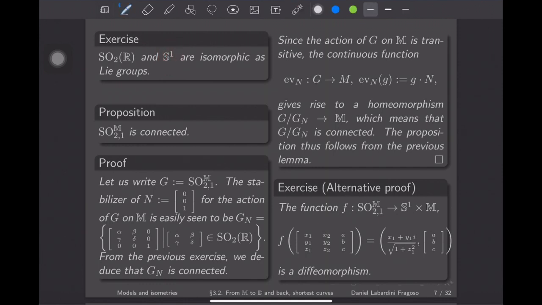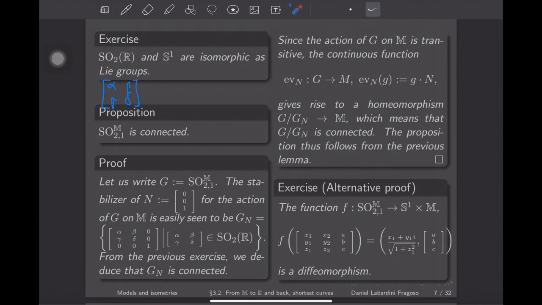I mean, it's like 2×2 matrices, let's say A, B, C, D, here alpha, beta, gamma, delta, orthonormal and of determinant 1.